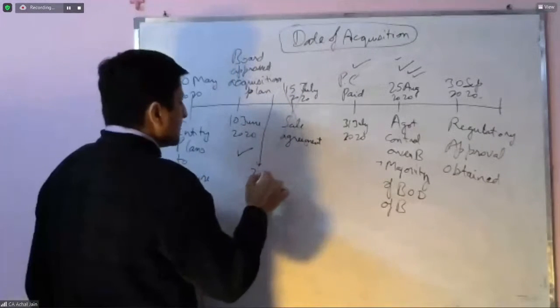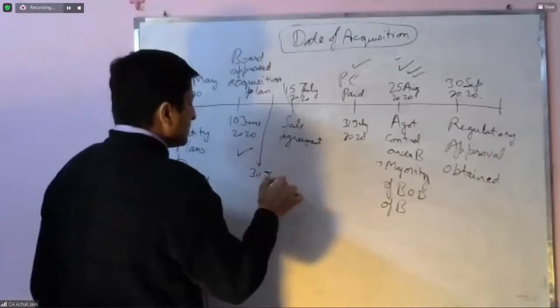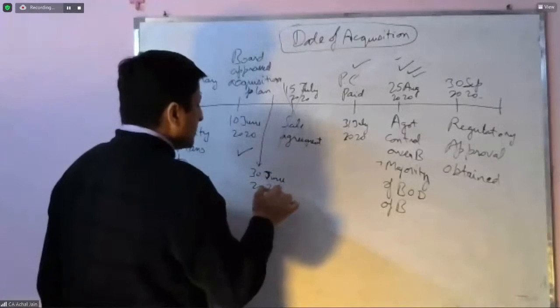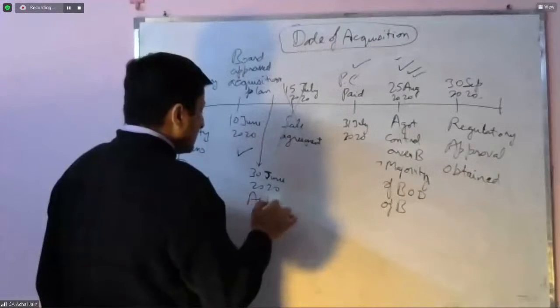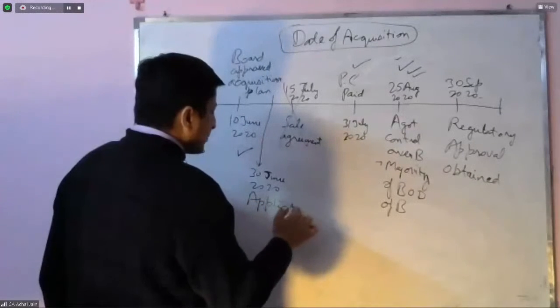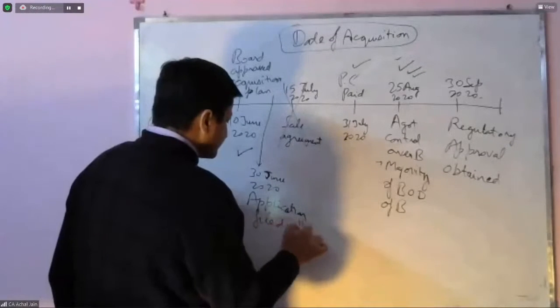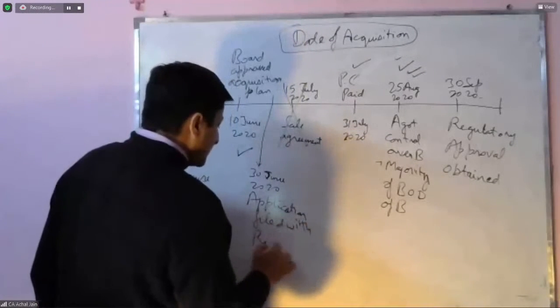Let's suppose on 30th June 2020, an application was filed with the regulatory authority.